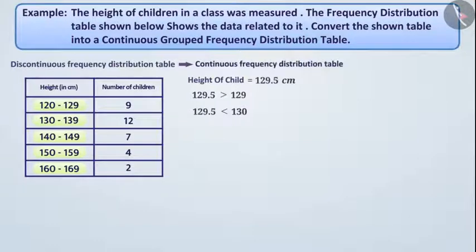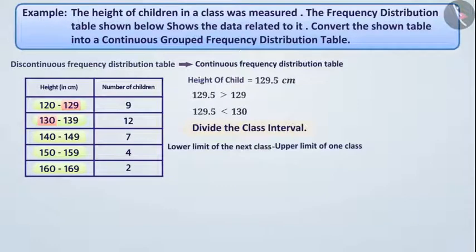So, let's start. To obtain a continuous frequency distribution, we must adjust the class intervals. This will make the upper and lower limits of consecutive intervals equal. For this, we will subtract the upper limit of one class from the lower limit of the next class in consecutive order and divide the result by 2.